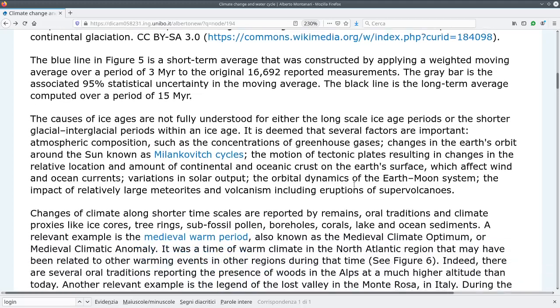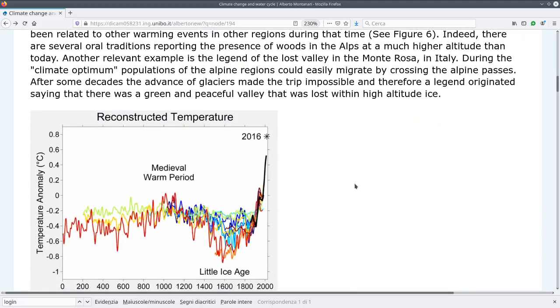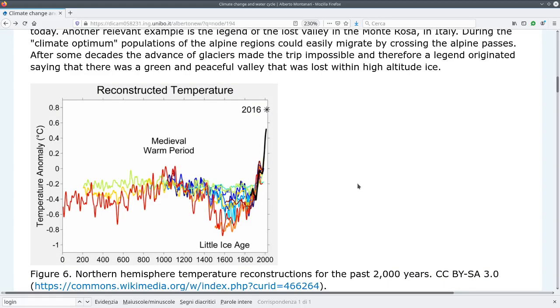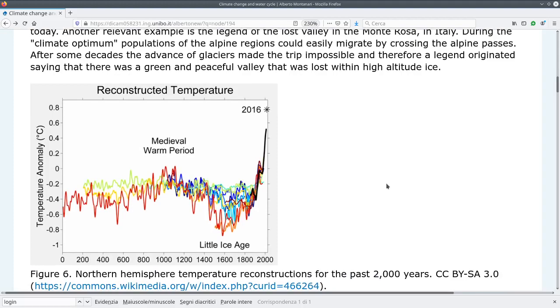And here you can see a reconstruction of temperature up to 2000 years ago, up to the year 0. And this, of course, doesn't show any trace, any remain of the last glaciation.